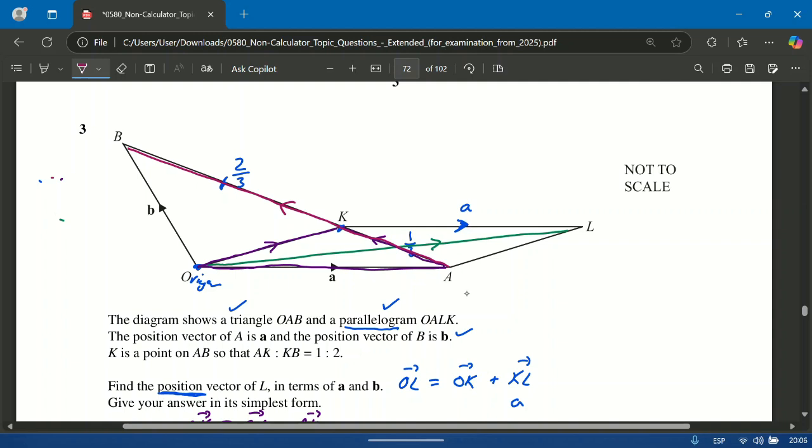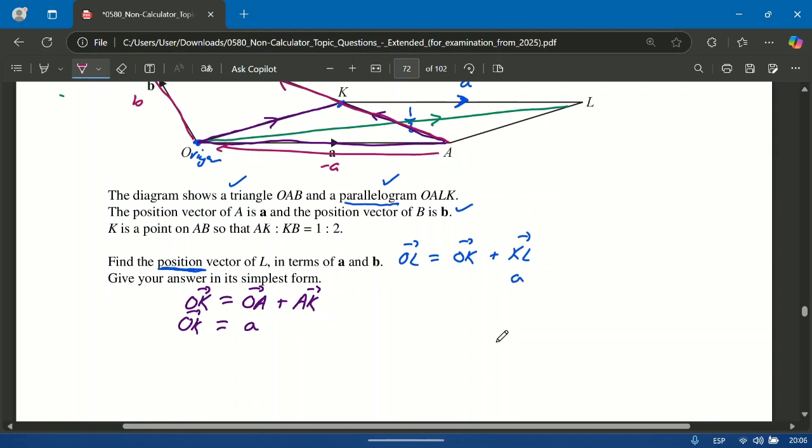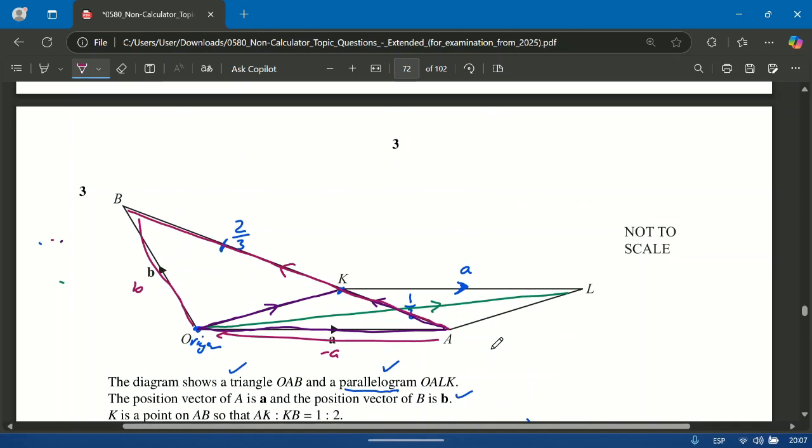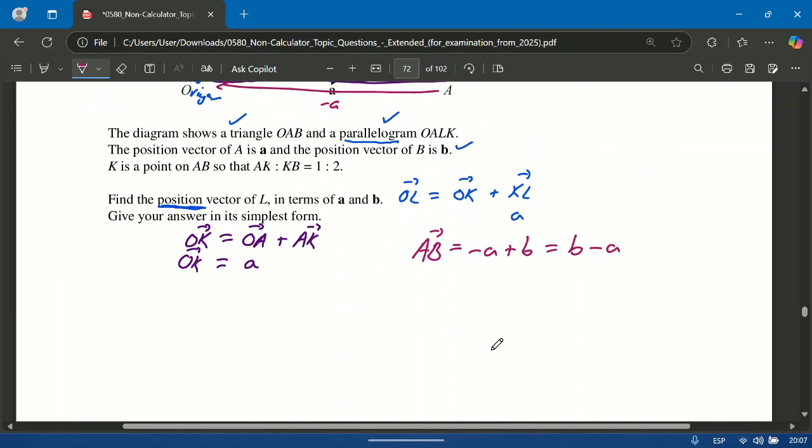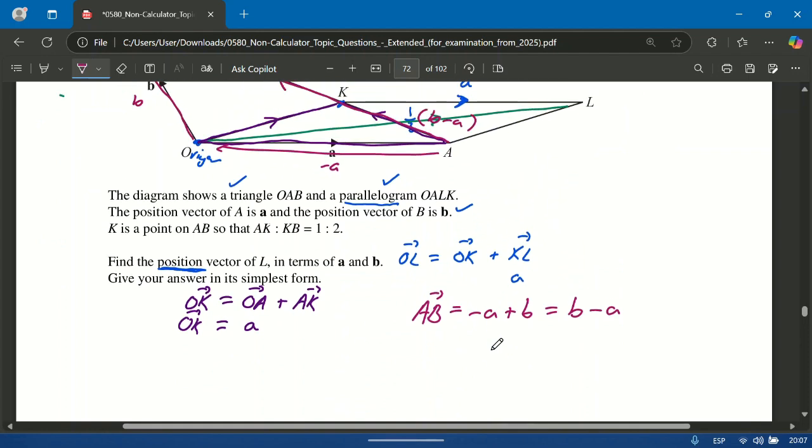AB is not hard to find because we can follow this route, which is opposite of A, so it's minus A, and then go there for B. So vector AB is negative A, going the opposite direction of A, and then we're following B. To make it nicer, we can swap it around to B minus A. Put the negative number second. So if AB is B minus A, then KB is 2/3 of B minus A, and AK is 1/3 of B minus A. It's getting a bit cluttered here, but I think you get it. So that means we got AK.